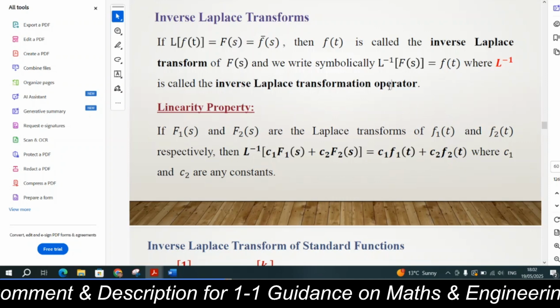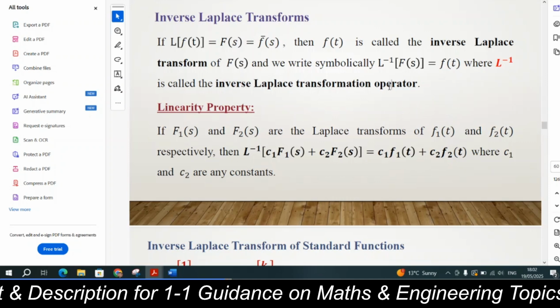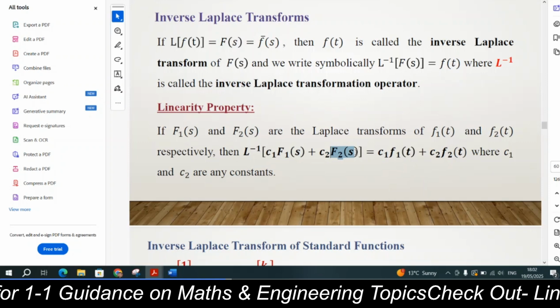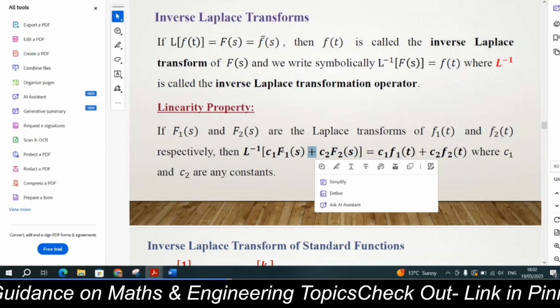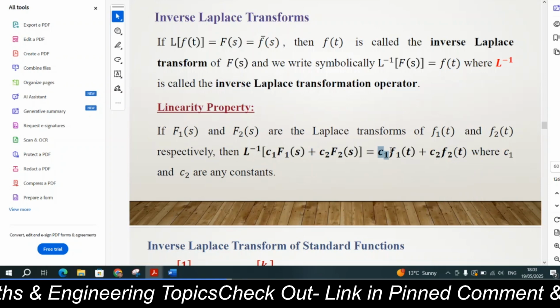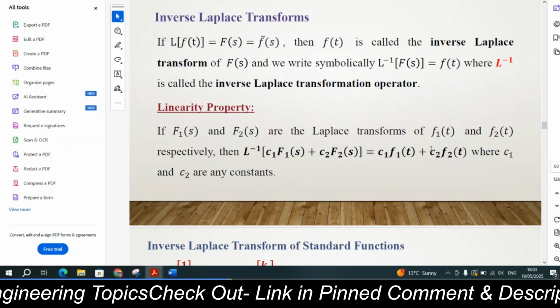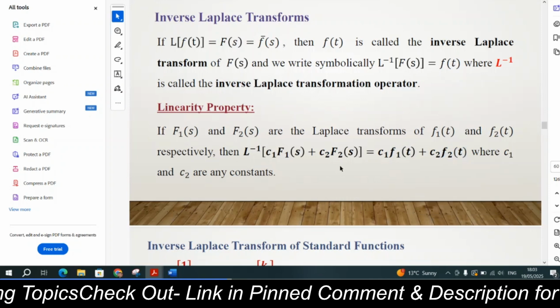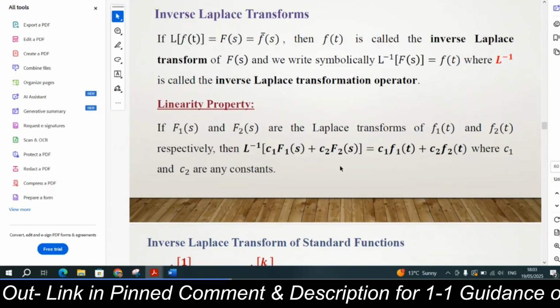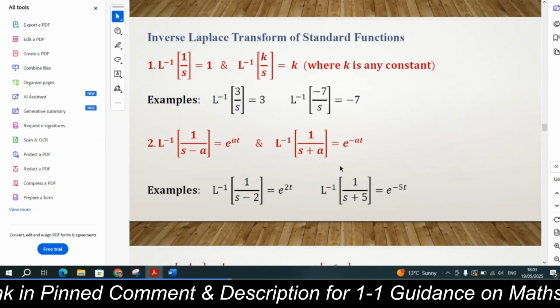The inverse is written with a raised minus 1 on the Laplace transform operator, the capital letter L. The linearity property is applicable to the inverse Laplace as well. So if you have F1(s) and F2(s) in addition or subtraction, you can split them and do the inverse Laplace on F1(s) and F2(s) separately and get the final answer.